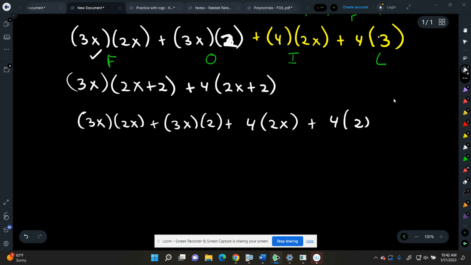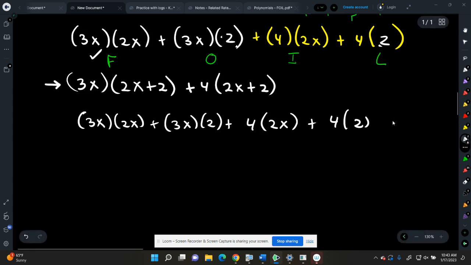I don't know where I got these 3's. I just made a mistake when I did that. So this should be a 2. Sorry about that. Okay, the exact same thing.